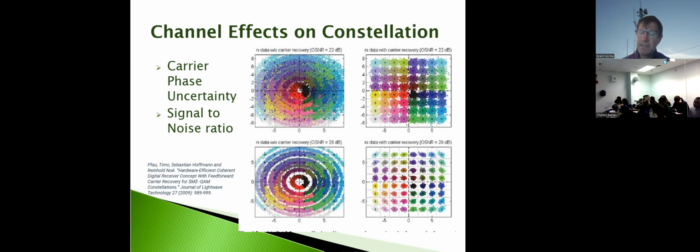And if that phase changes because we've changed the path length between the transmitter and receiver, then that signal will rotate around the origin of the complex plane. So that's what we see on the left-hand side, where there's been a variety of different rotations.